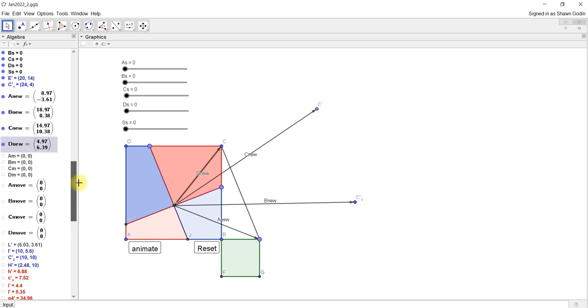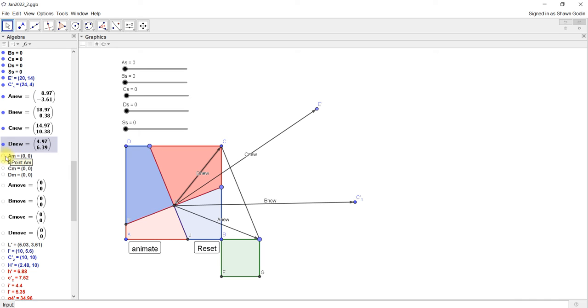I had a little bit of a problem because for my first sketch, I did some computations with these vectors. I just multiplied them by the scale factor and it gave me a vector and everything was happy. This time, when I went to do AS times A new to give me the vector, because this would give me the factor that I've moved along here, it actually gave me a point for some reason.